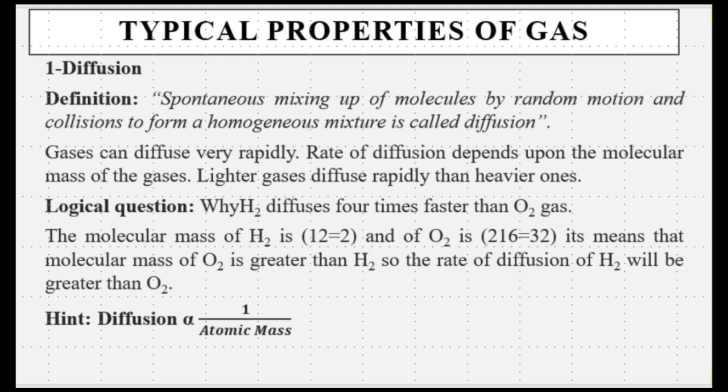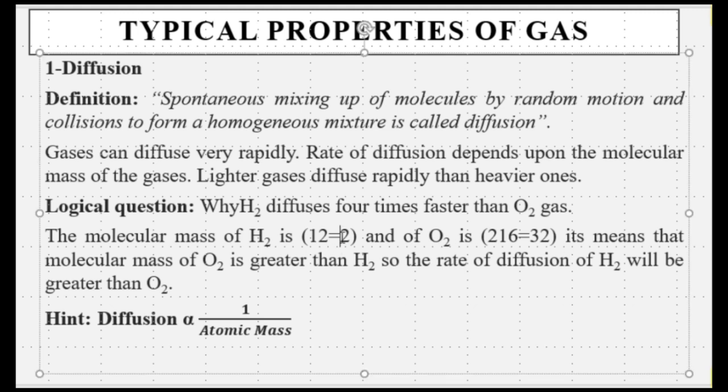We are discussing the logical question: why does hydrogen diffuse 4 times faster than oxygen gas? It is obvious we will have to find out the atomic mass of the two gases. As we know, the atomic mass of one hydrogen atom is 1, so the atomic mass of hydrogen (H2) is 2.